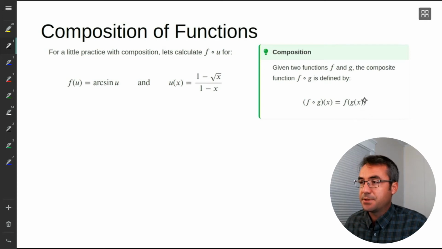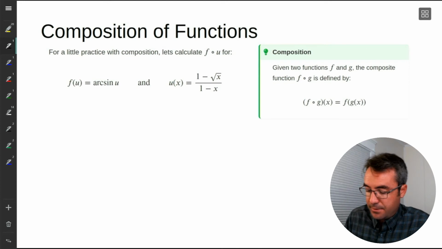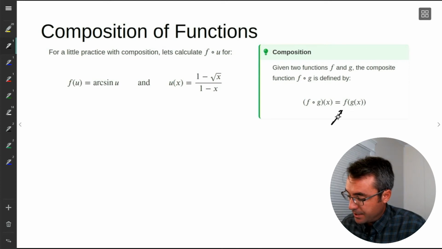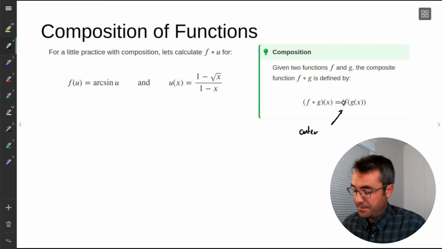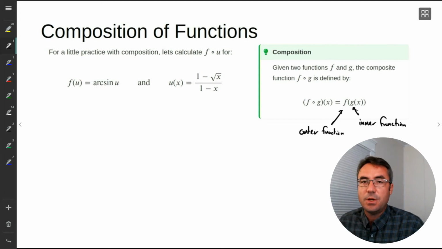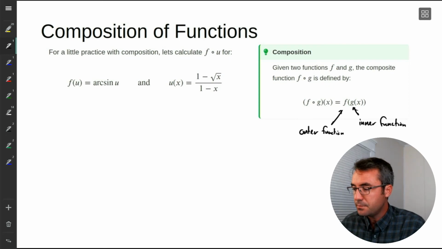A lot of times we call f the outer function here because it's the last thing that happens. And then we call function g the inner function because it happens first. So when we talk about these composite functions, a lot of times we use the terminology inner function, outer function. And when we do composition, the order matters.